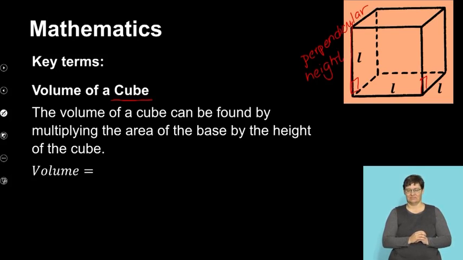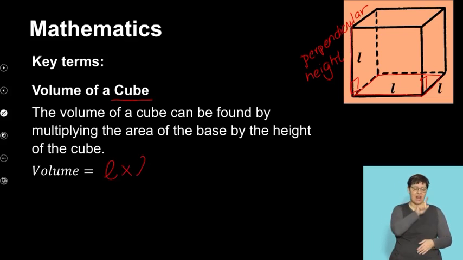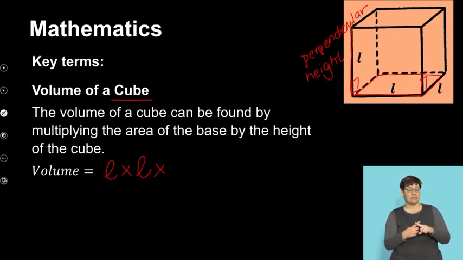And we've said that we're going to find the volume of the shape by first calculating the area of the base. And my base is this bottom square. And what is the area of the base? Length times breadth, but because it is a square, all sides are equal. So the area of the base will be length times length. Then I multiply it by the perpendicular height of a cube.